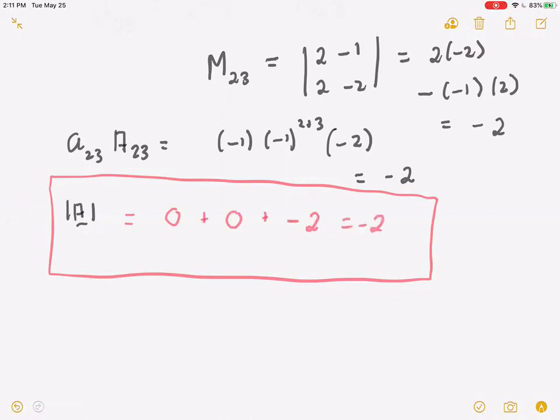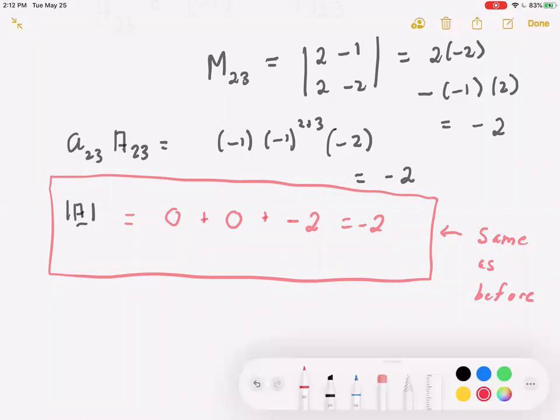And the beautiful thing is, this is exactly the same answer that we got last time. Only now we were doing the expansion across the second row of the coefficient matrix. Before, we were doing the expansion over the first row. We get the same answer. So practice makes perfect. Let's go through another example.